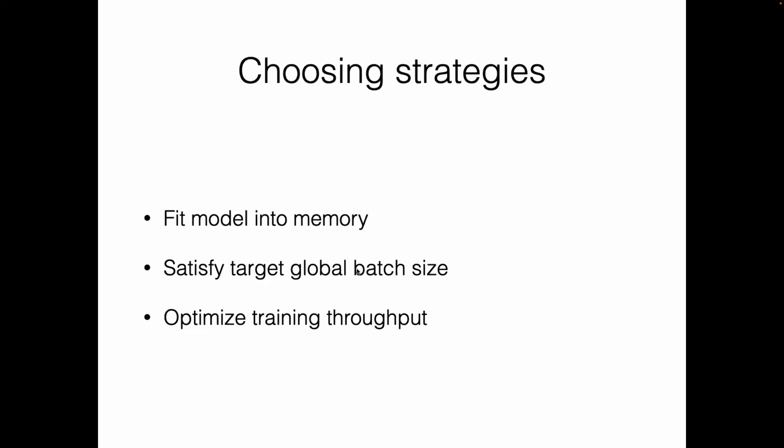This could be by adding in data parallelism, even adding in gradient accumulation. And then there will be multiple ways to satisfy the global batch size. So then maybe you perform some experiments, or you have some patterns or insights that help you ultimately optimize the throughput.